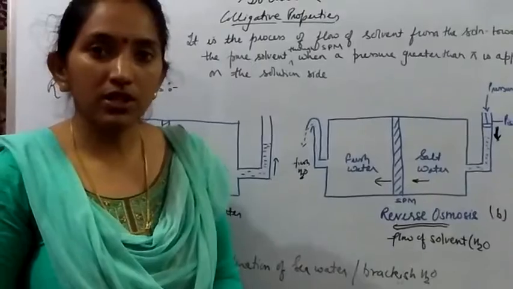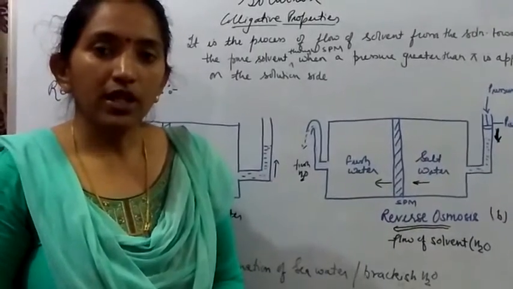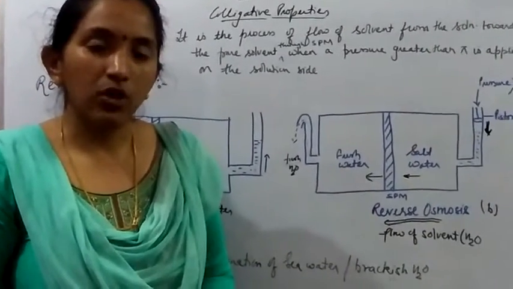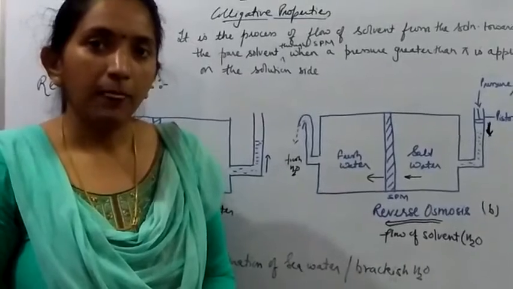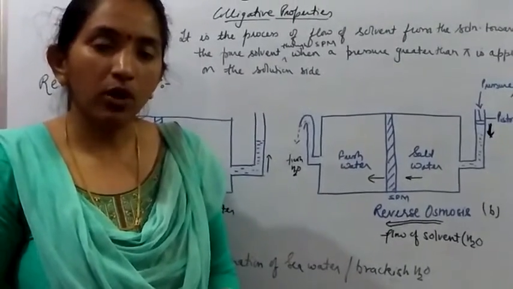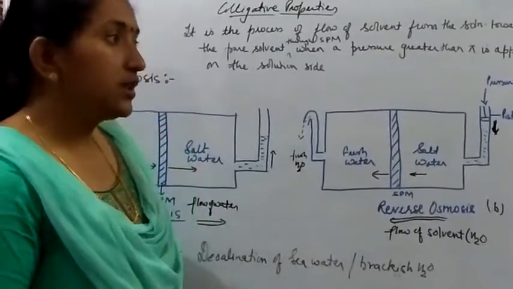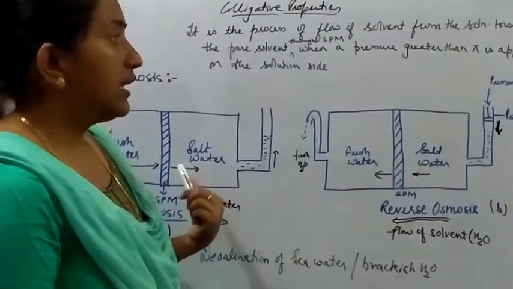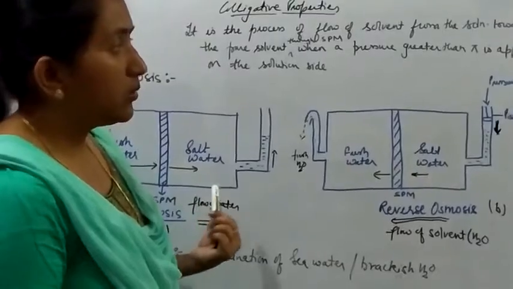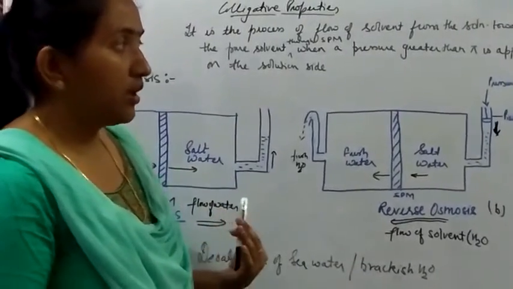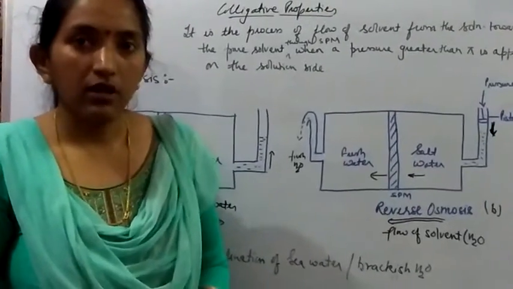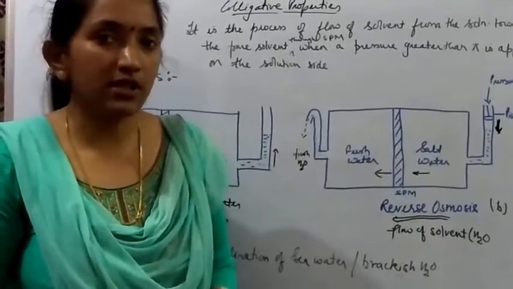The osmotic pressure is the best colligative property to determine the molar mass of macromolecules and polymers. Why? Because the value of the osmotic pressure is measurable. It is large, so it can be easily measured.